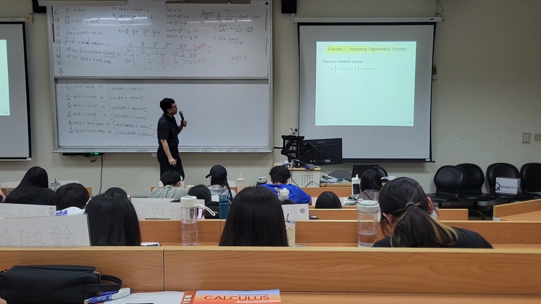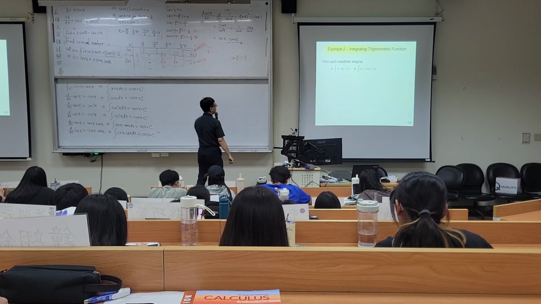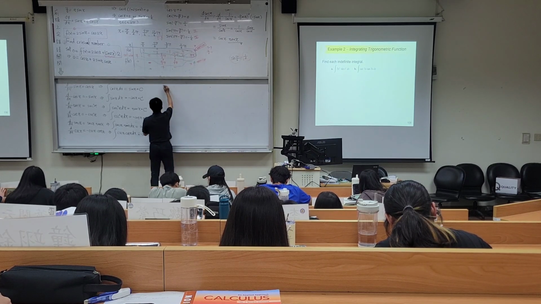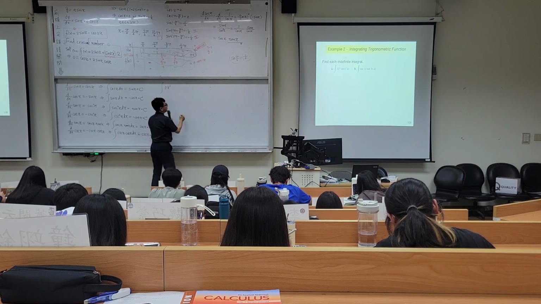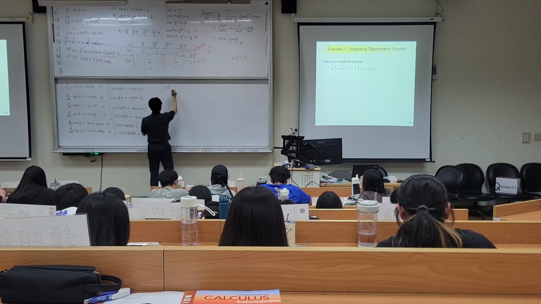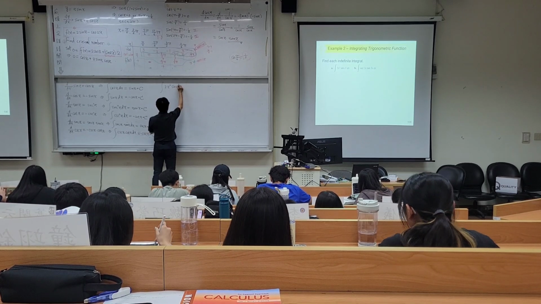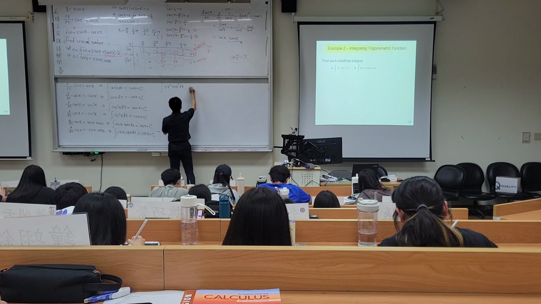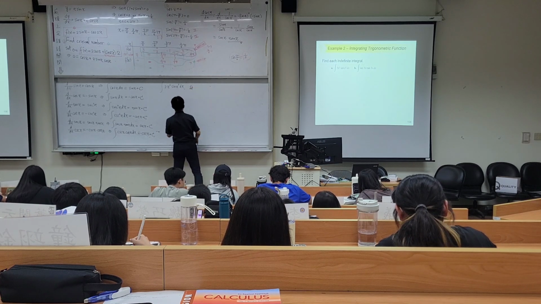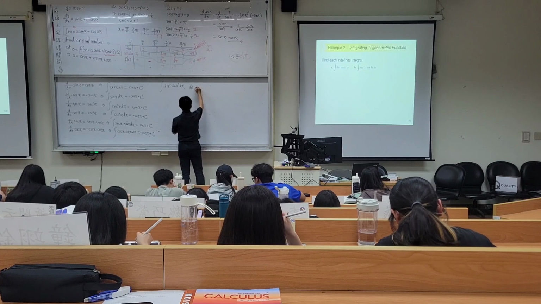The first one is 3x squared sine x to the 3 power. Okay, 3x squared and sine x cubed dx. Let's use integration by substitution.